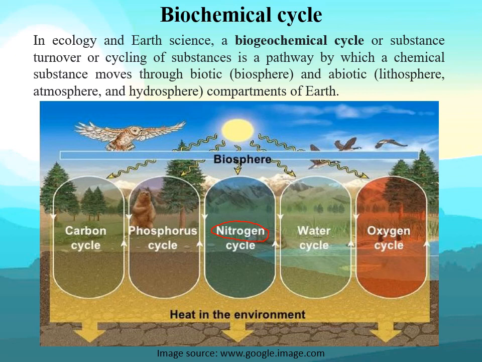Similarly, oxygen is also moving from one form to another, and all these chemical element cycles are basically running due to the different superficial processes done by wind, by water, and by glacier.